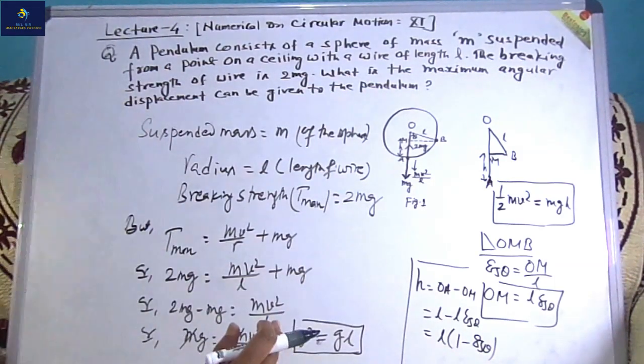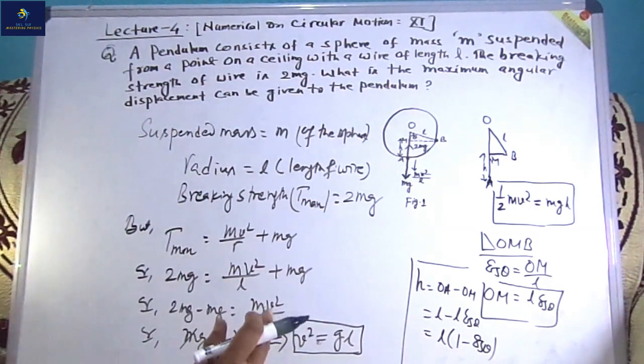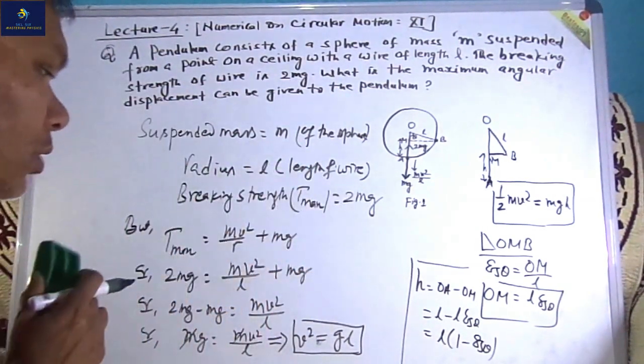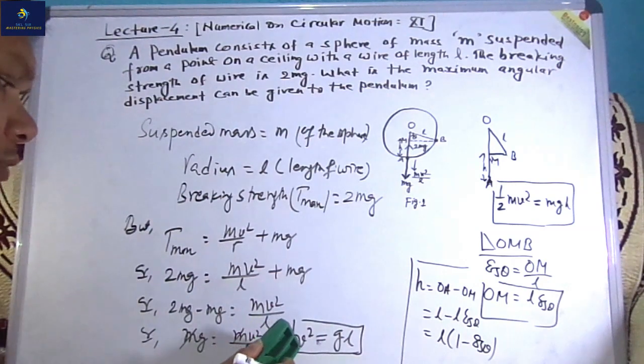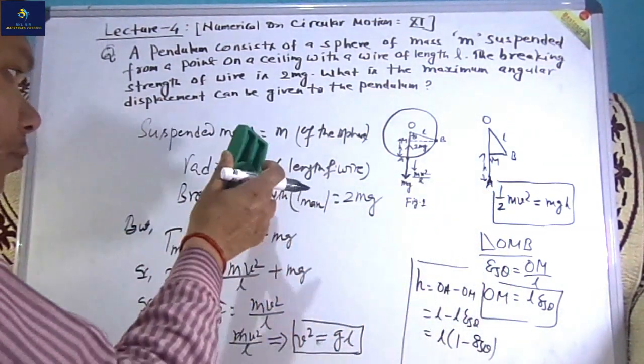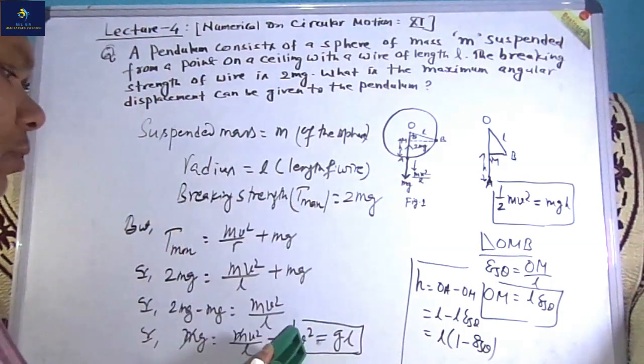Now as it moves from the position A to the position B, look here on the diagram. First of all, we defined all this, and then we found the value of v square.